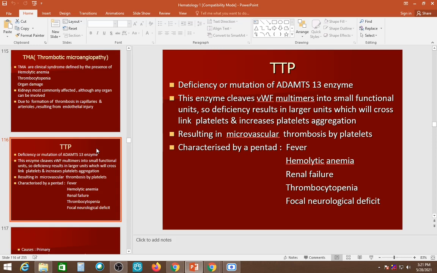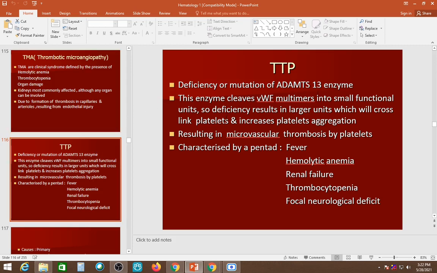TTP is thrombotic thrombocytopenic purpura. So what is this basically? In this condition, there is deficiency or mutation of the ADAMTS13 enzyme.